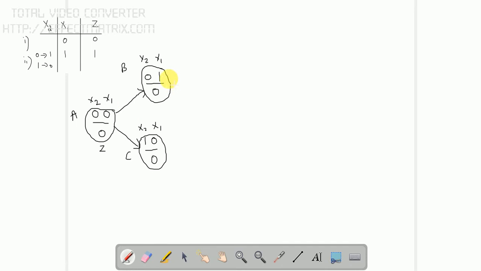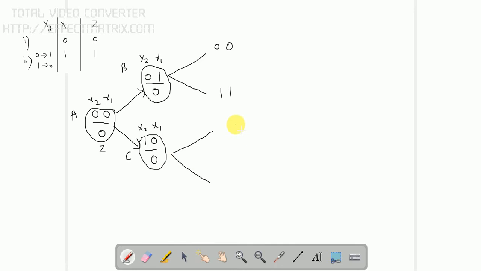Now I'm going to divide this B state into two in the same procedure. The right x1 value is now changed and the previous value is fixed, and here the right value is fixed, that is x1 input is fixed, and the x2 value is changed to 1. Similarly, I'm going to divide the C state also.